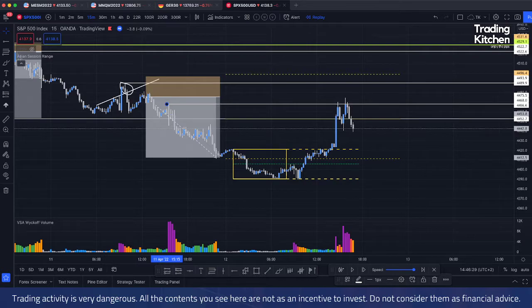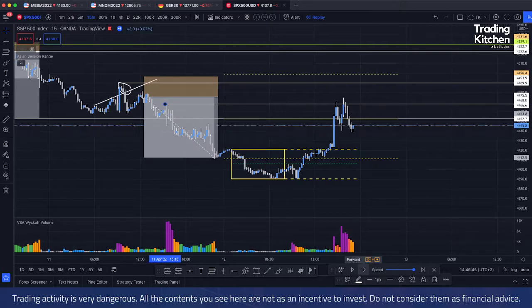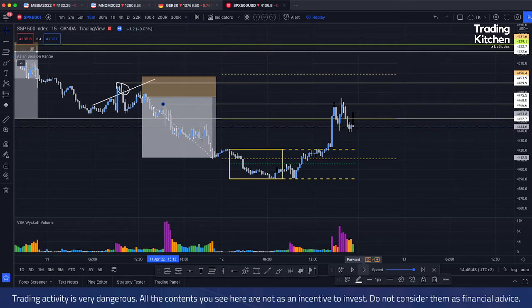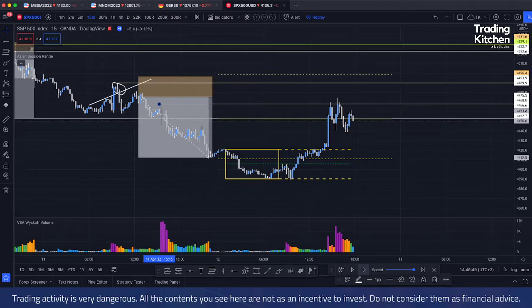There is no engulfing here. Okay, so we have to wait. Another setup, even if the price will break this structure, like in this case. Not yet, but yeah.